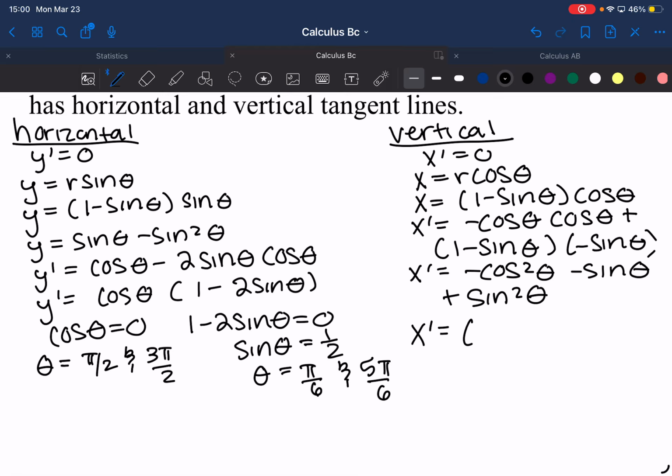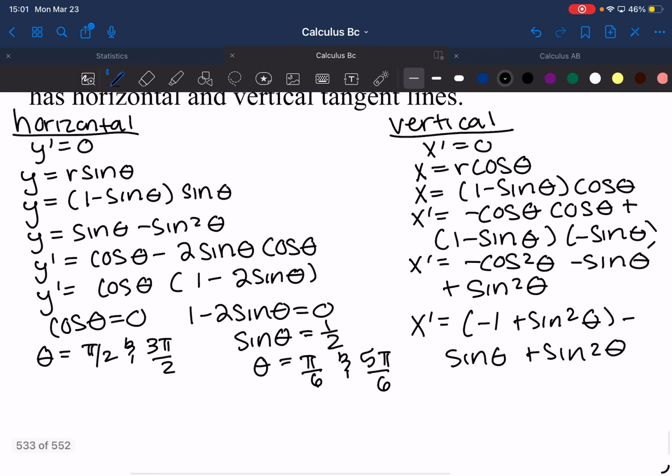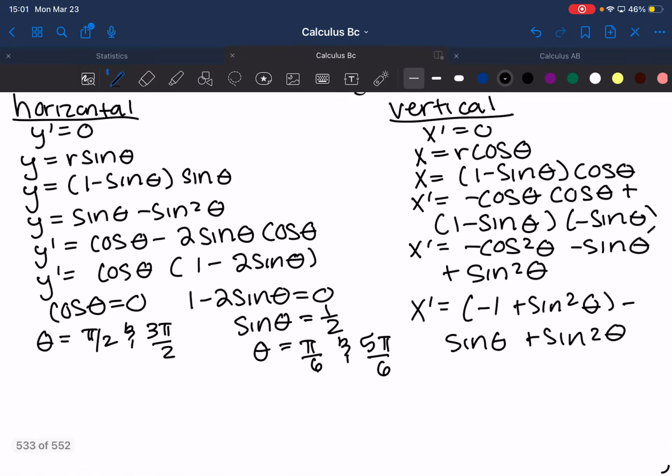Okay, bring down the negative sine theta plus sine squared theta. Simplifying this further, I now have sine squared theta twice. So this is 2 sine squared theta minus sine theta minus 1.